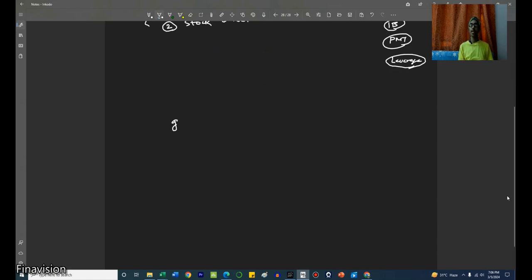So G is equal to B into ROE, right? Now this can be written as retention ratio, which is net income minus dividend by net income, into ROE, which means net income by equity. Let me write DIV for dividend.